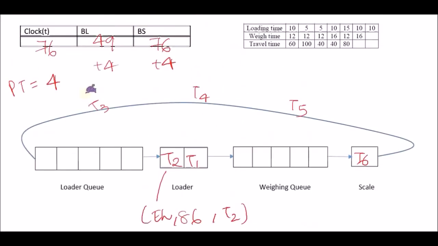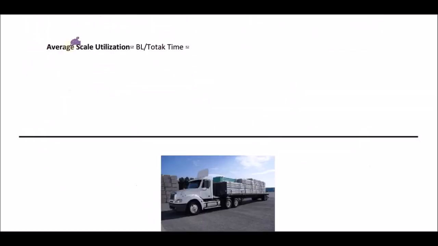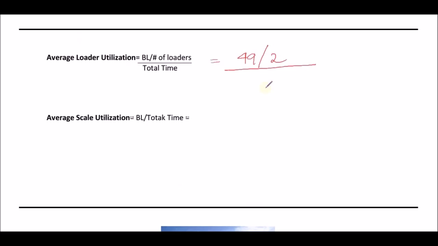We stopped at 76 over here, so that would be the total time. So let's write that down. Total time is 76. When you calculate this, you get average loader utilization as 0.32.